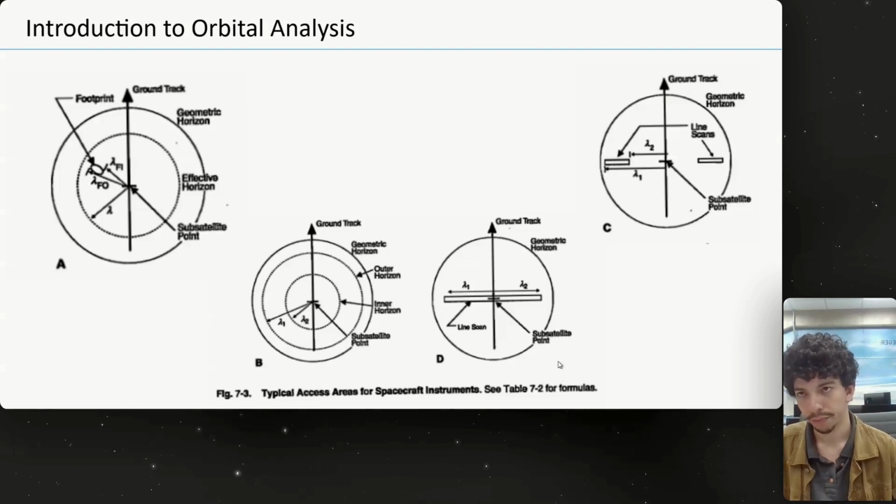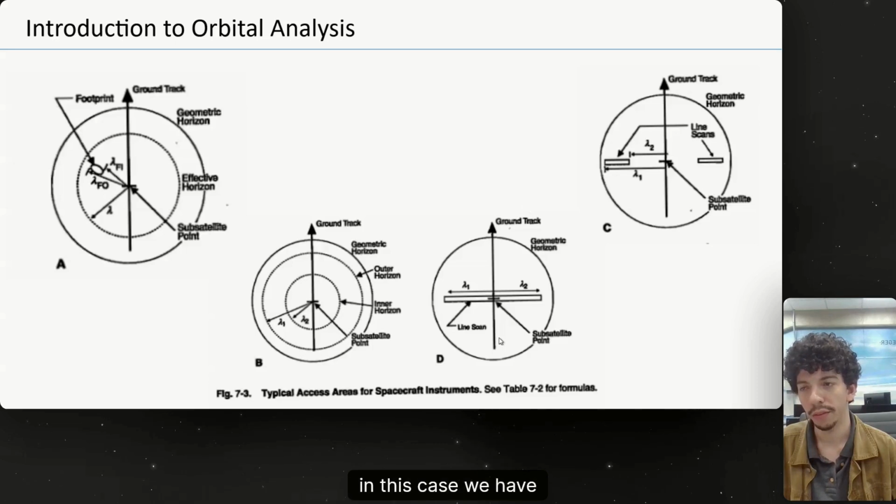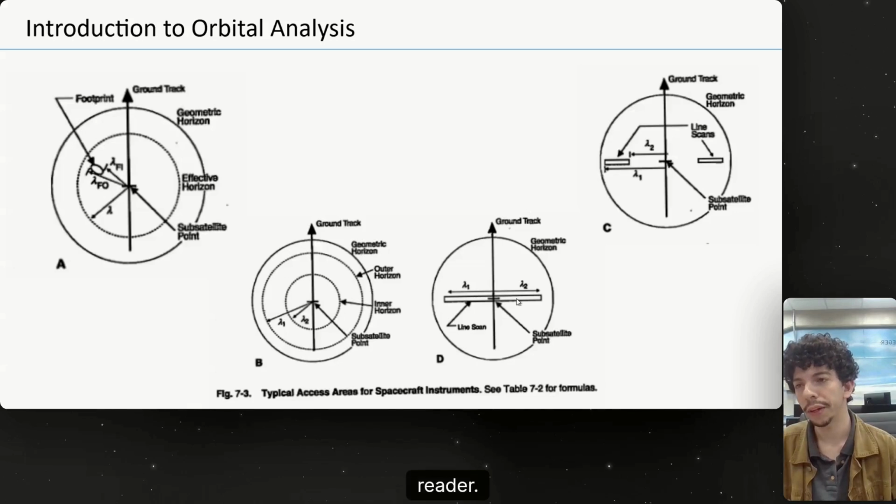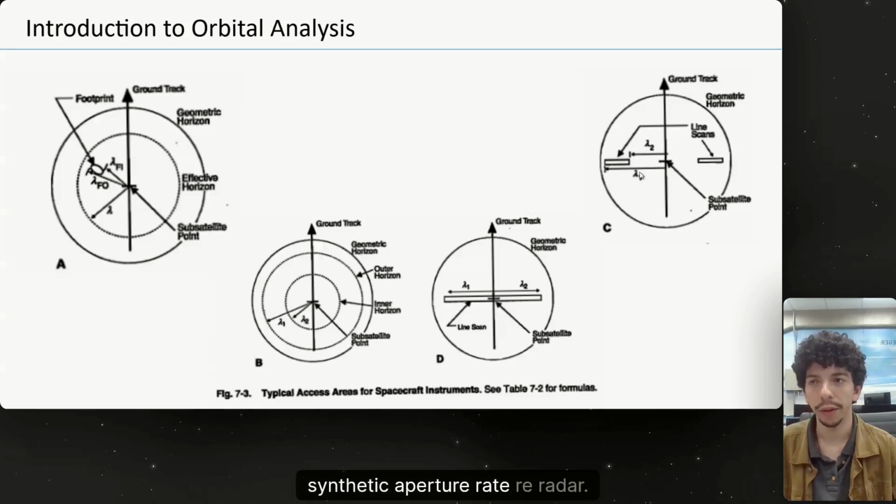And in this case, we have a synthetic aperture radar, SAR, synthetic aperture radar.